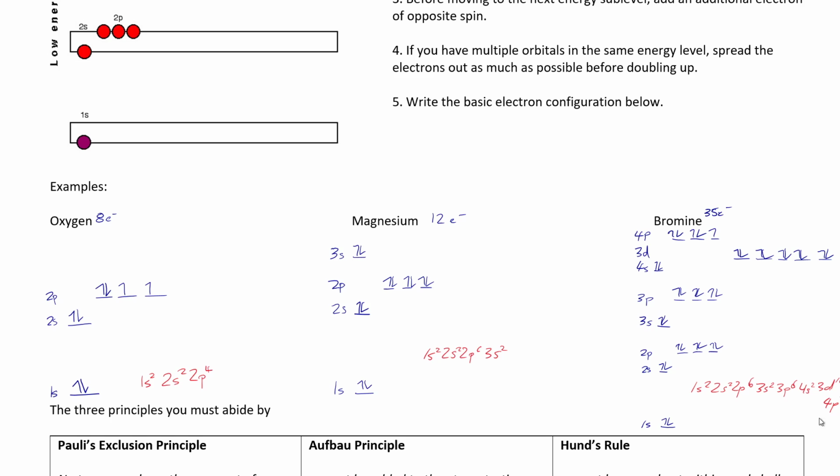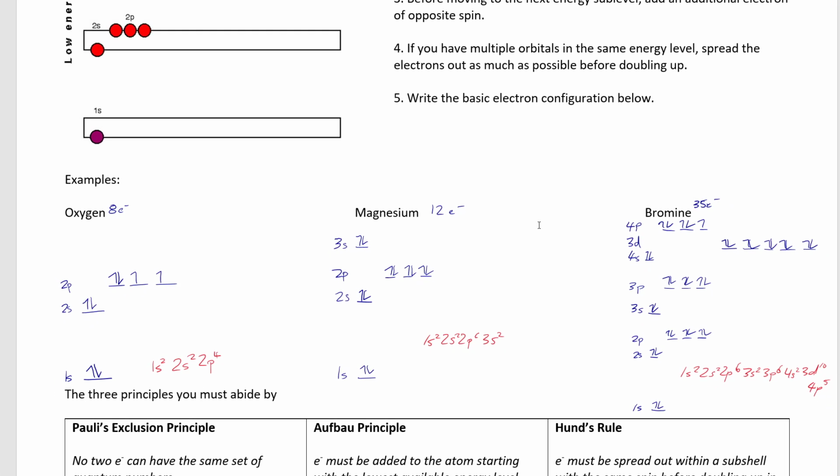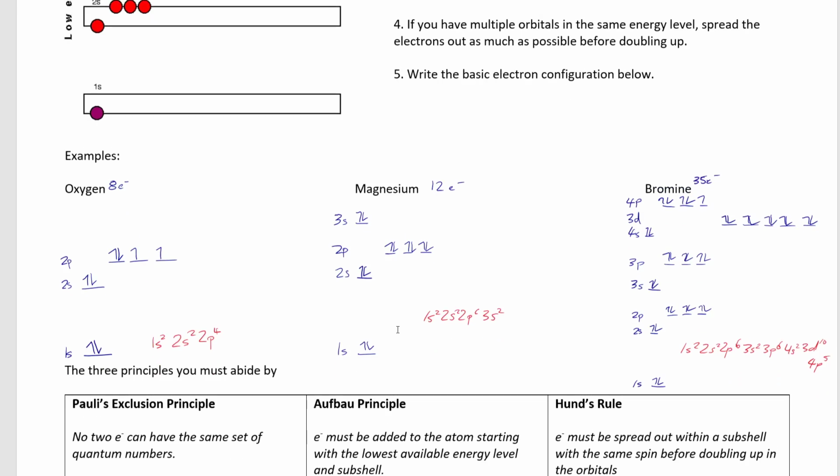Okay, zoom out a bit so you can see what I've done here. Okay, so 1s2, 2s2, 2p6, 3s2, 3p6, 4s2, 3d10, and then 4p5 right there.